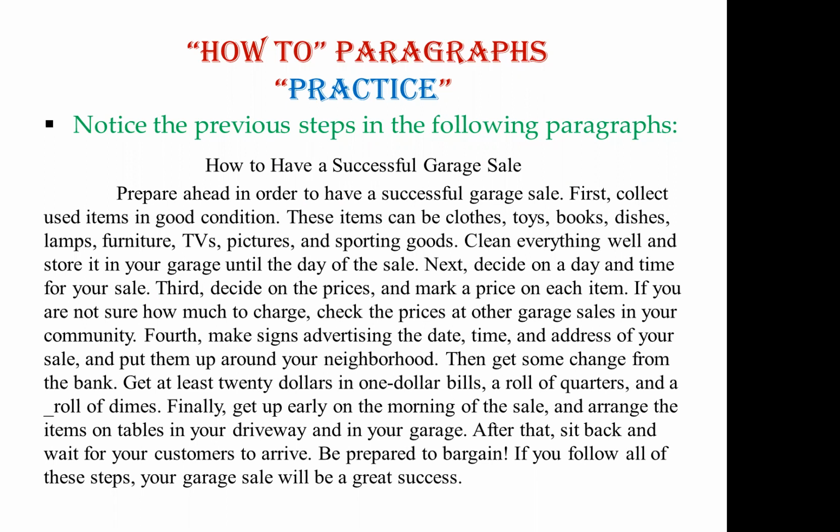Okay, so we have a topic which is a little bit long, how to have a successful garage sale. And in the topic sentence, we are mentioning the title again, and we say that this paragraph will give instructions in order to have a successful garage sale.